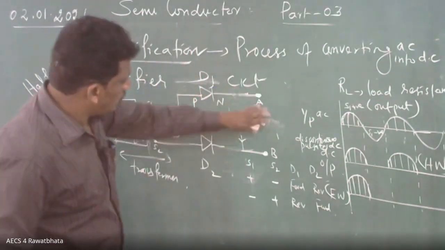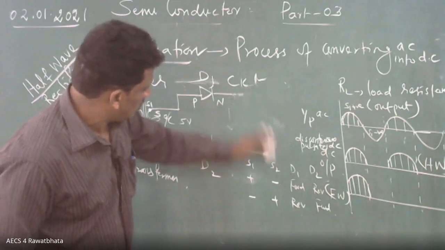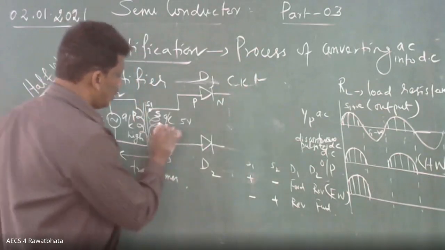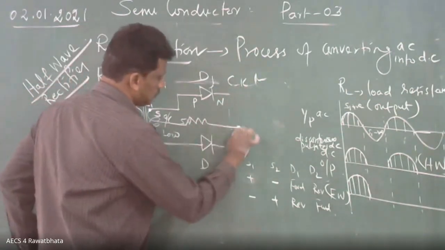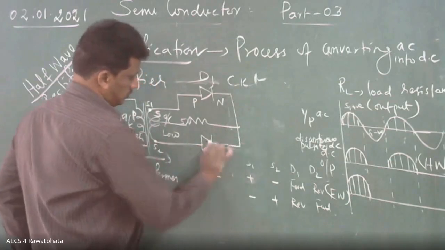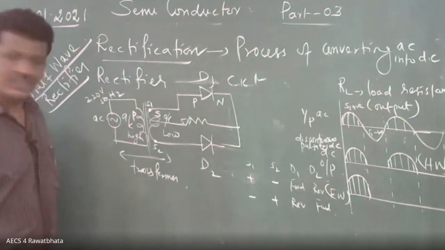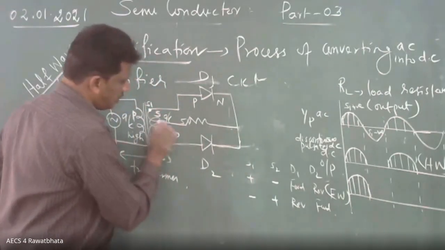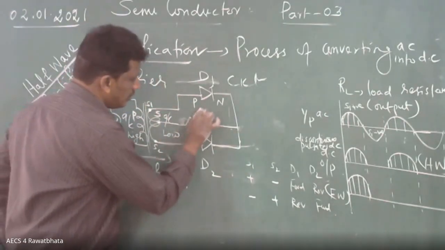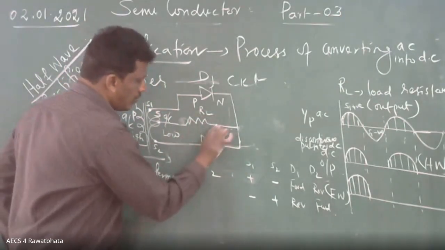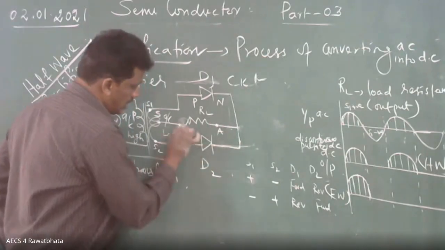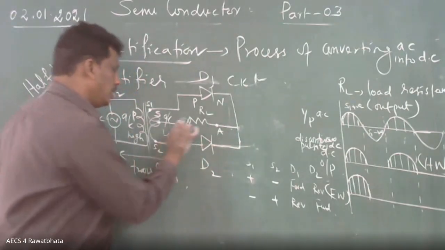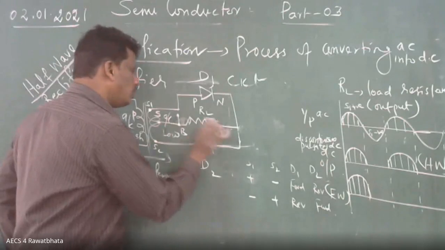That's why what we do here with the resistor is make it like that. See, that is the center tap. So this is RL. Now I am writing this is A, this is B. So here this is the output.